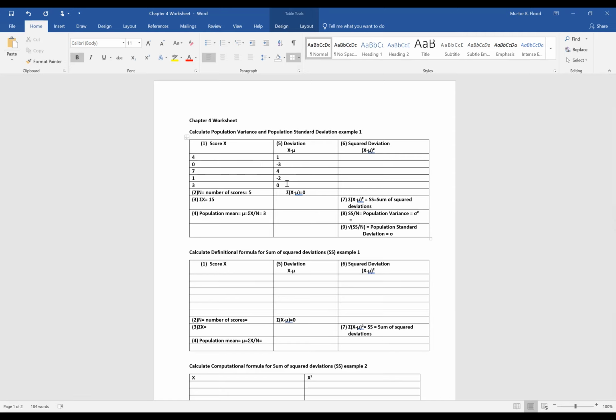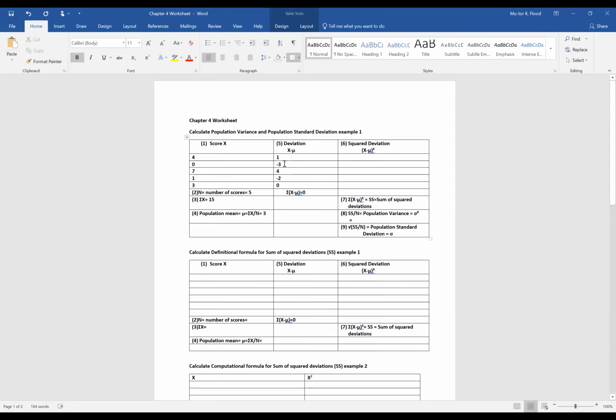So now, these are the deviation scores. To make sure that you did the calculations right, we know that if we sum up all the deviation scores, it's going to give us 0. So let's add this up to confirm this. The easiest way is by adding the positive numbers and also adding the negative numbers, and those two should be the same absolute value, so it should equal 0.